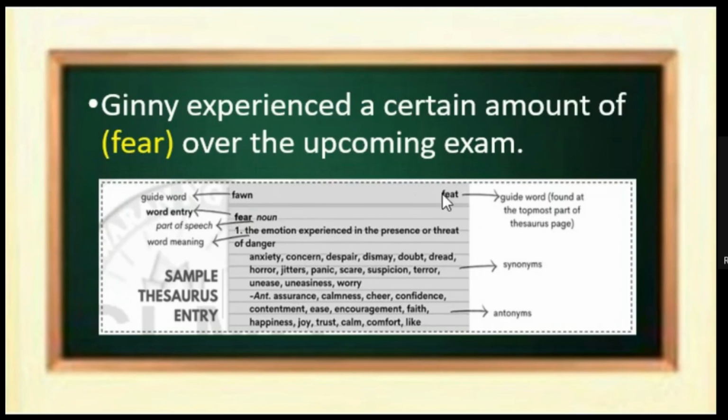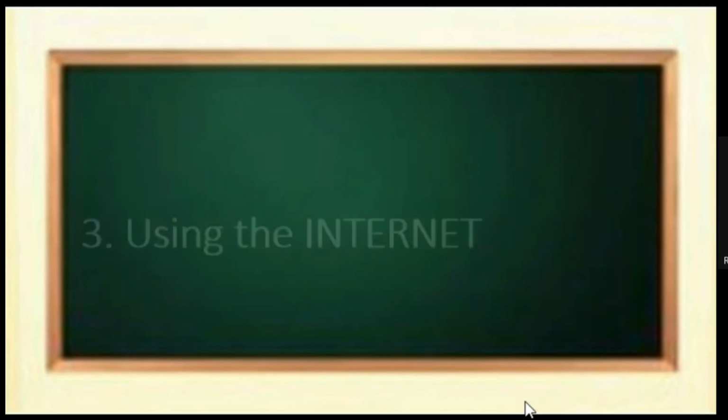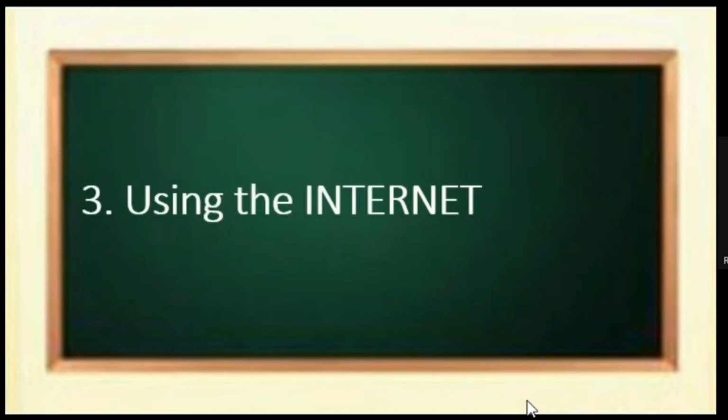Okay, the same, you have the guide words, you have the word entry, there's the parts of speech also, you are given one meaning of course, and then here is what's going to solve your problem in locating the best word for a sentence, or for the best word to use in your sentence. So the synonyms. And if you're looking for the opposite meaning, then you also have the antonyms written in the thesaurus.